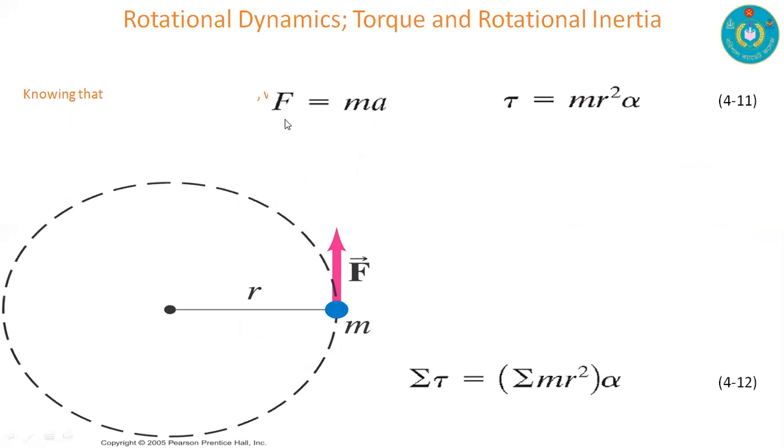Rotational dynamics and torque and rotational inertia. Previously, we know the equation is F equals ma, and for rotational motion, we have the equation torque is equal to mr squared alpha. If we apply force F to the mass m, and here r is the radial distance from the center, then we have this circular way for rotational motion.